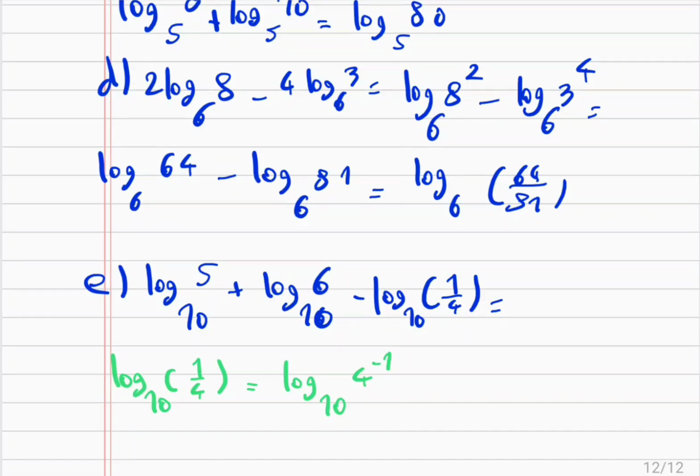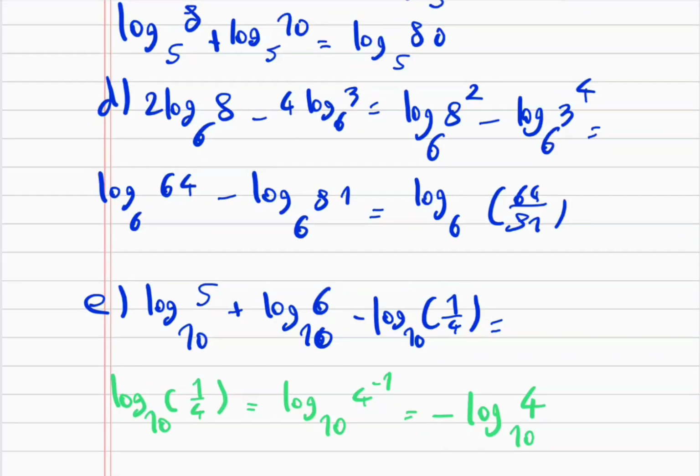Because that's just the same as 1 over 4. But the difference is that then we can use the power law and take the power outside of the log, so it becomes minus log base 10 of 4. And in this case, the calculation essentially becomes easier. And that's the whole point of doing it.